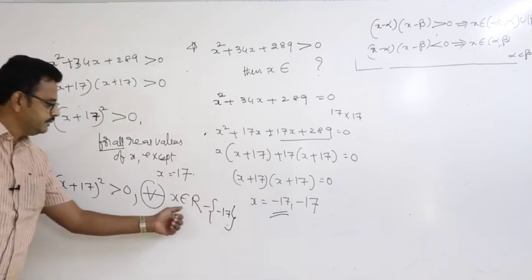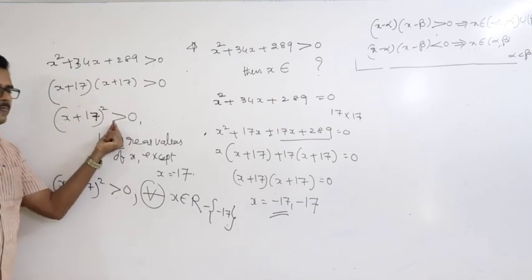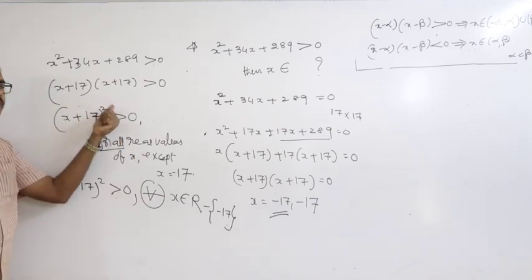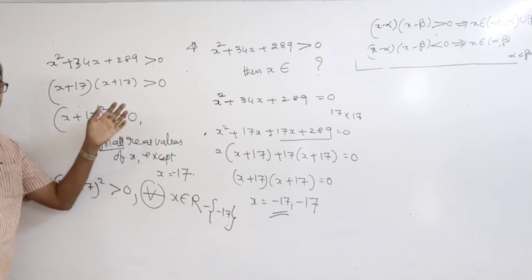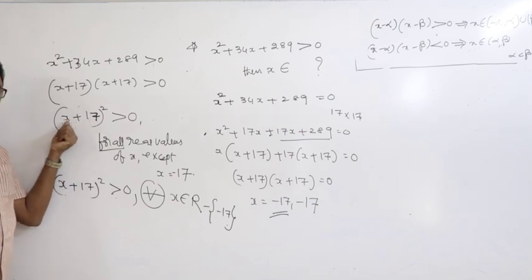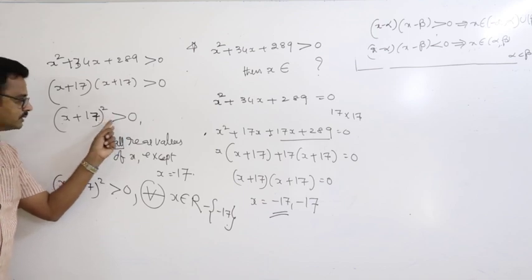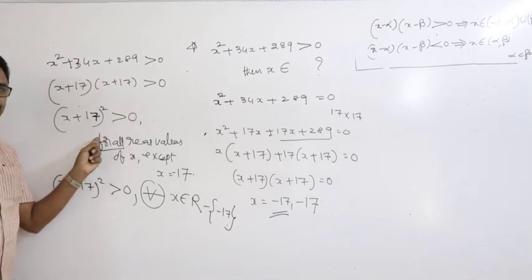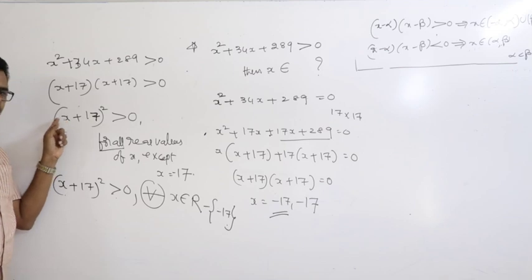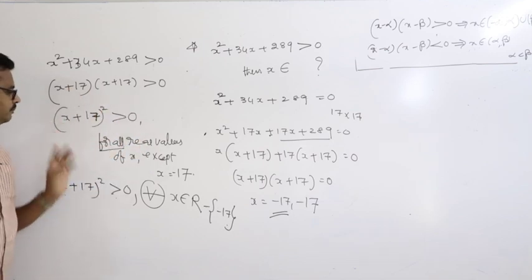Please try to understand. I think all of you are able to follow up to this. x plus 17 whole square is greater than 0. For example, x equal to minus 17 plus 17 gives 0. But the question is greater than 0. If I write x equal to minus 1 or minus 2 or minus 3 or minus 20 or minus 2000, because of the whole square, this is always positive, except x equal to minus 17.